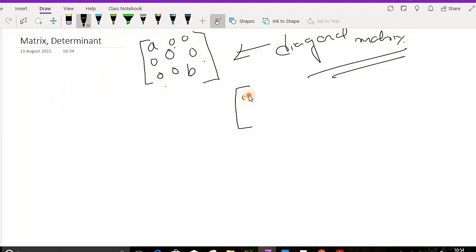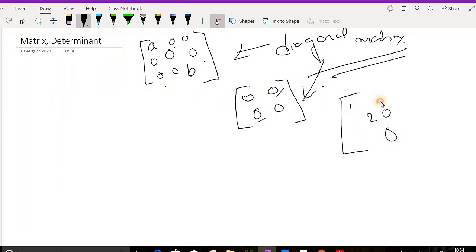If I write all zeros, this is also a diagonal matrix, because the non-diagonal terms are 0 and we don't care about the diagonal terms. If the diagonal terms are non-zero, for example 10, it will also be a diagonal matrix. Got the point? So that is the thing.